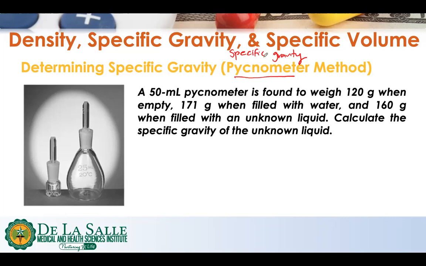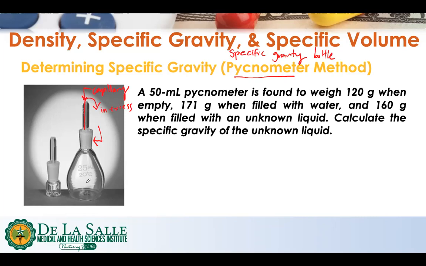The pycnometer or specific gravity bottle has a ground glass stopper similar to your volumetric flask, but without the long neck, and the stopper also contains a capillary hole. The capillary hole will permit the release of the liquid that will be in excess in filling the pycnometer.